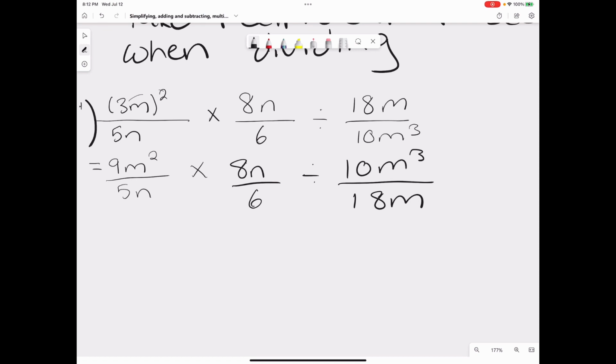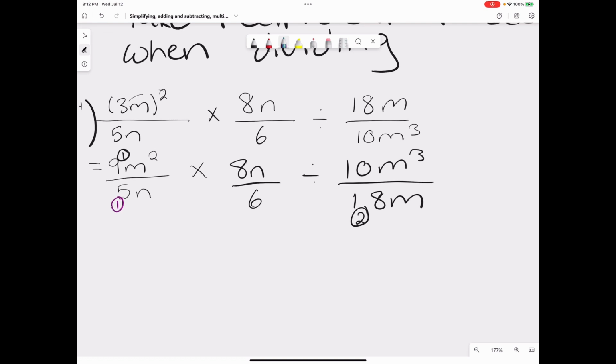Now we're going to try and cross multiply and see what can go into what. So for example, we have the 9 and we have the 18. So 9 goes into 18. Well, this becomes a 1. And it's going to become a 2 because 9 times 2 becomes 18. And then we're going to look at the 5 and the 10.